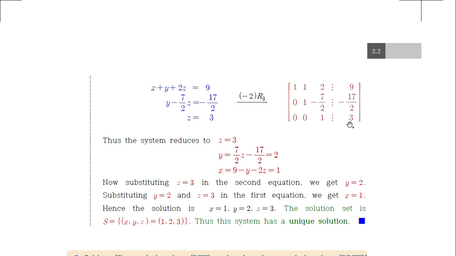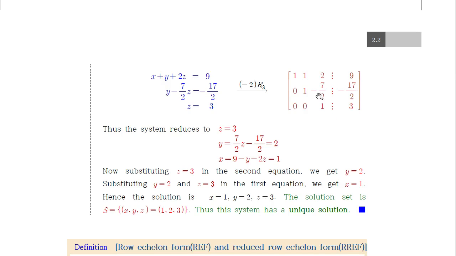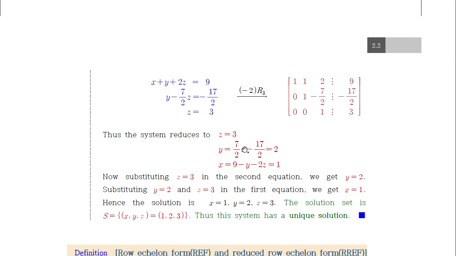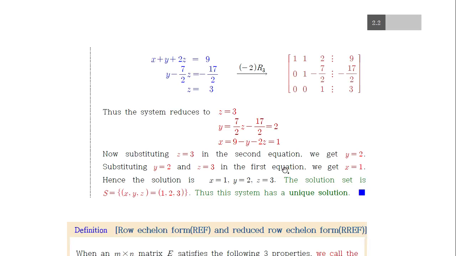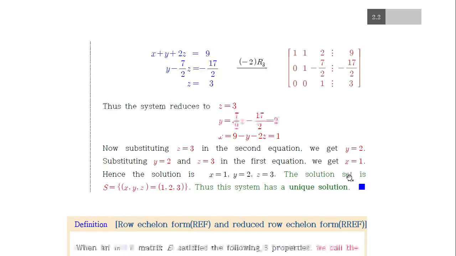This is much simpler, and you didn't even use the variables x, y, z in the whole process, so it's much clearer. So from here, you can rewrite this linear system of equations in this form to have your solution, which is 1, 2, 3. So Gauss realized when you deal with a large linear system of equations, you don't need all the variables to have the solution if we use this method, only augmented matrices.